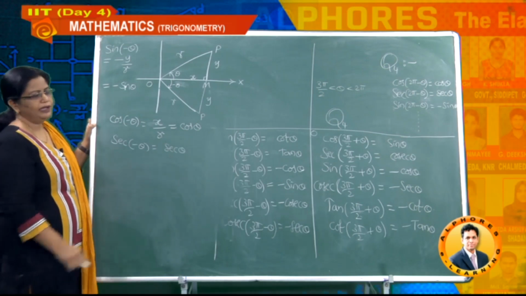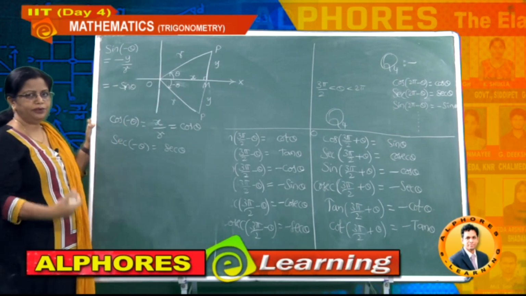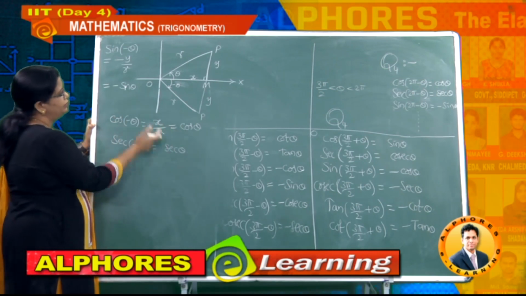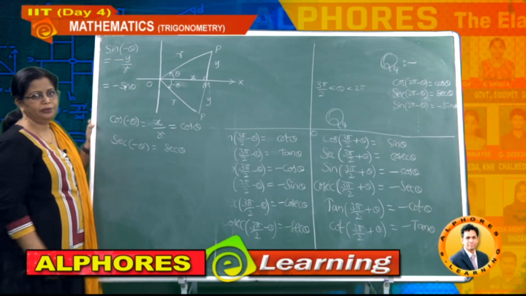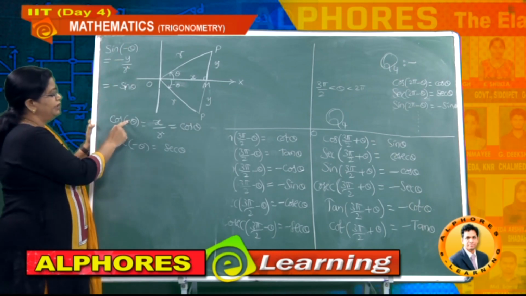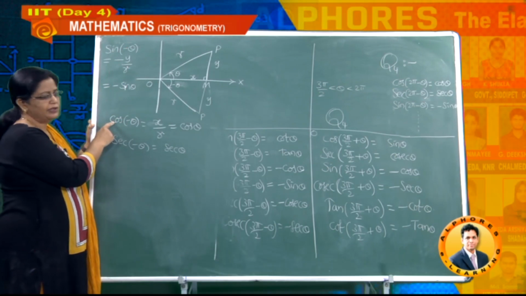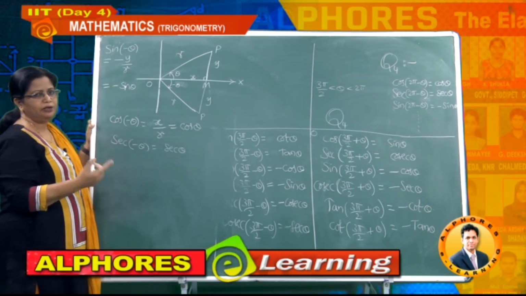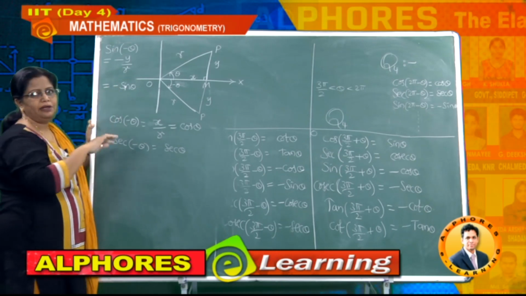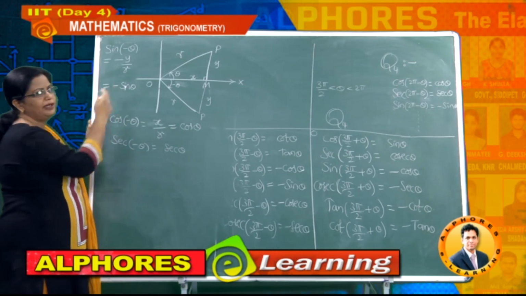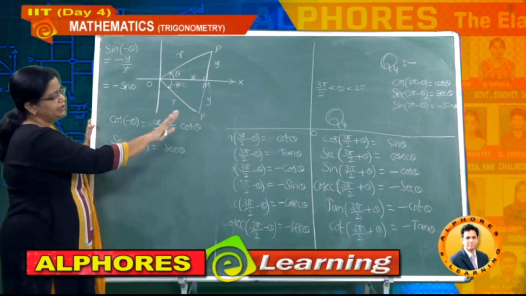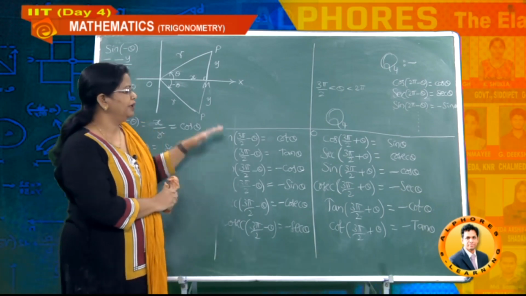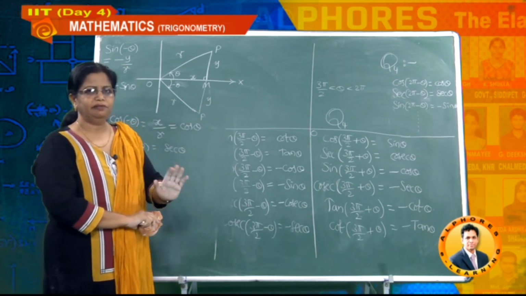Easily you can remember: as minus theta falls in the fourth quadrant, and in the fourth quadrant cos and secant answers are positive, the rest are all negative. In another way also, the minus can be swallowed by cos, it can swallow the minus symbol, whereas sine, cosecant, tan, cot omit the minus symbol, so that you obtain minus sin theta. So roughly we have discussed all the 4 quadrants today, children. These allied angles are very important.